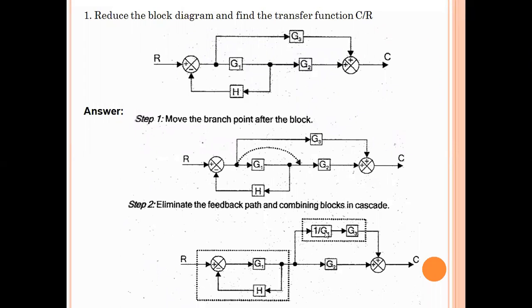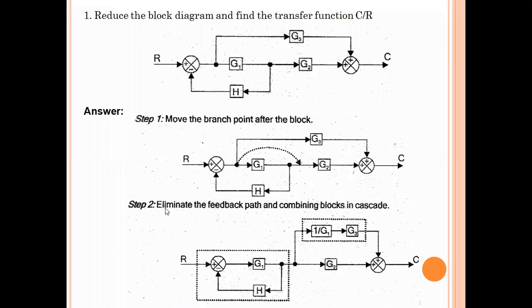So simply we can multiply these two to simplify into a single block. Okay, simply we can multiply, which means G3 by G1 we will get here. And you can also see this is a complete negative feedback loop, because here the feedback has a negative sign. So this is a negative feedback loop. So using rule number 10, we can simply eliminate this negative feedback loop, right?